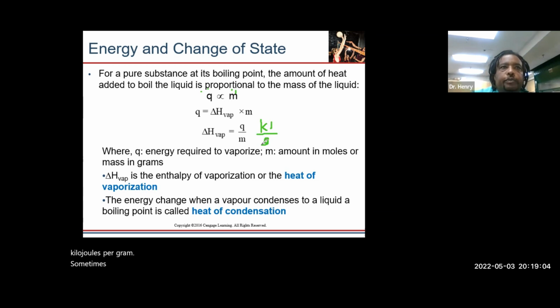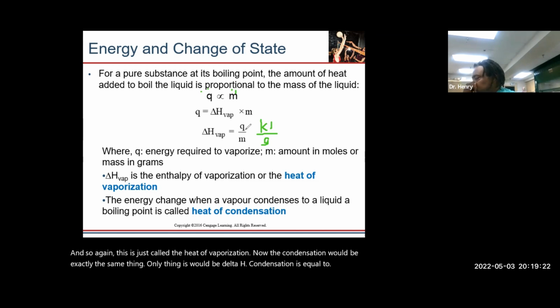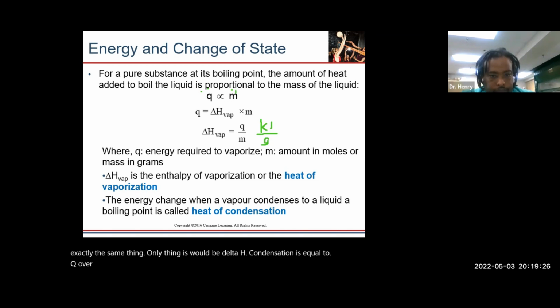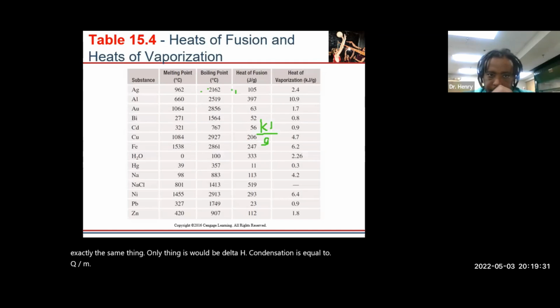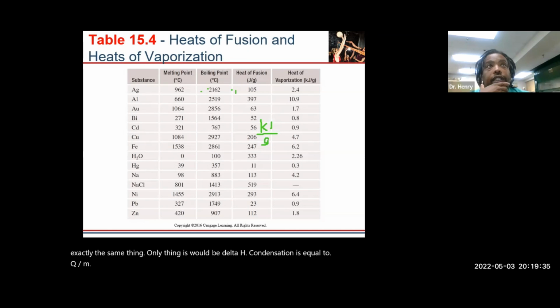Sometimes they'll put it kilojoules per mole, but we know we can convert that. And so, again, this is called the heat of vaporization. Now, the condensation would be exactly the same thing. Only thing is, it would be delta H condensation is equal to Q over M. Okay, so the heat of fusion.